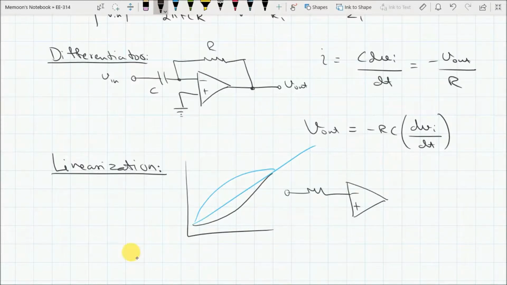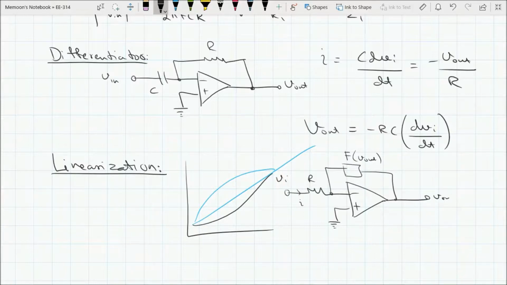Let me explain how this configuration works. This is your Vi, this is the current I, the resistance R, and this block in the feedback is a function of V out.